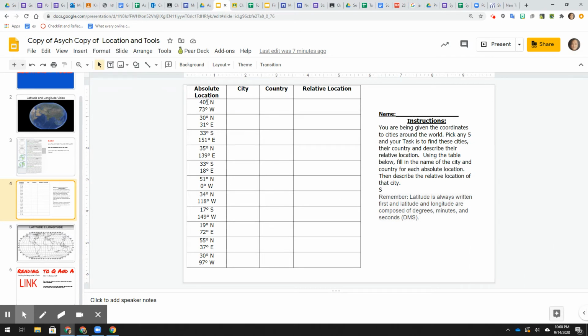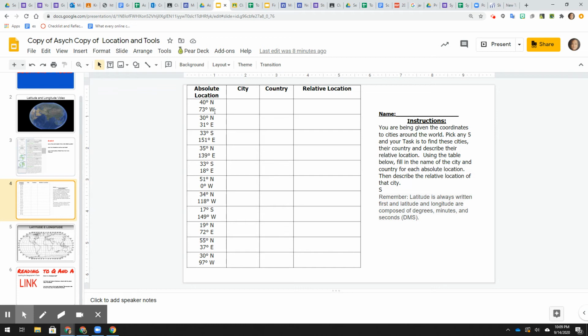So 40 degrees north, that's the latitude, and 73 degrees west is the longitude. Of course, I'm sure that you guys, from all the reading you've done, know that if we were to write this absolute location accurately, it would have degrees, minutes, and seconds, and they don't have this. So this is not actually absolute.